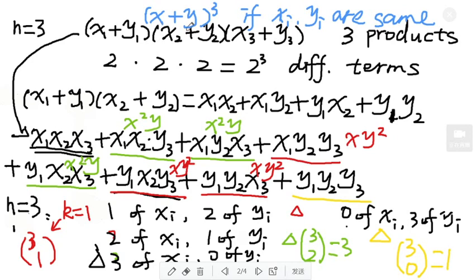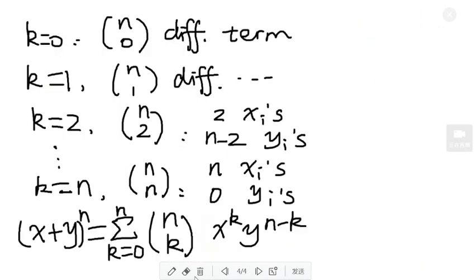Now we combine all those terms together. So we set x and y to be the same, so we can combine all those terms. That is what I said here. So at the very beginning, we did x1 plus y1 times x2 plus y2 times up to xn plus yn. So here it's x plus y to the nth.